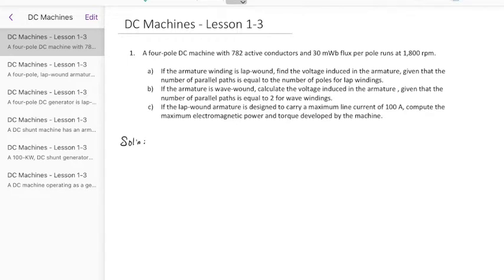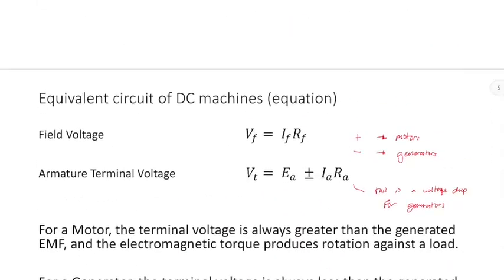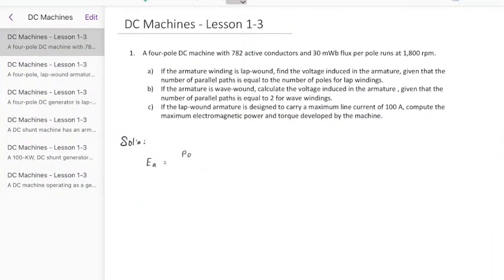If the armature winding is lap wound, it means the number of parallel paths in a lap wound armature is equal to the number of poles. We are looking for the induced EMF, E sub A. So E sub A, from this formula, is P phi n over 60 times Z over alpha.